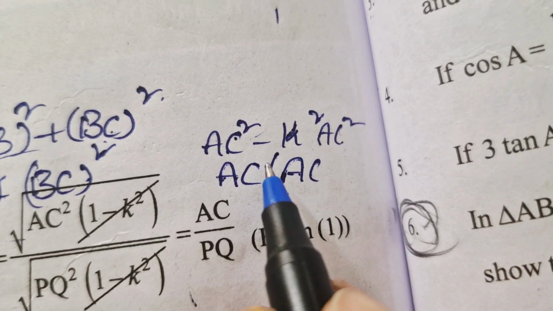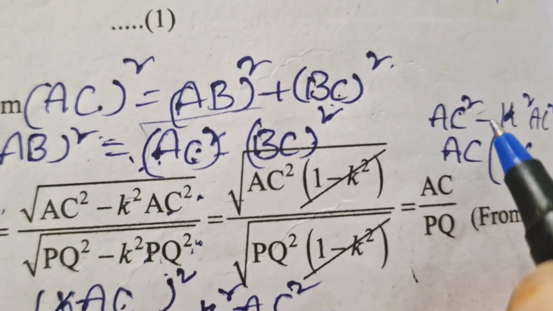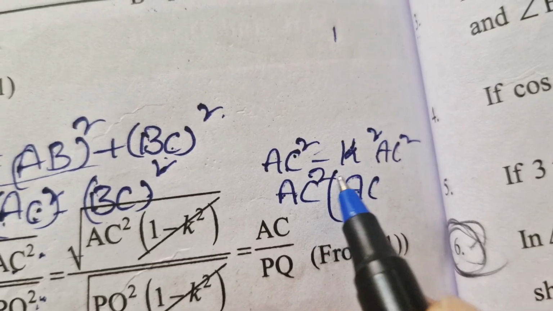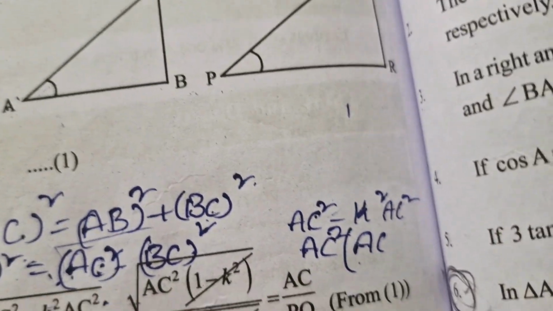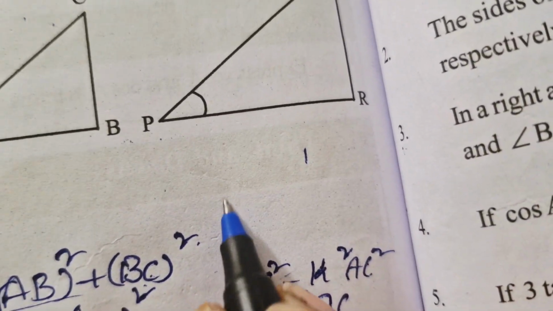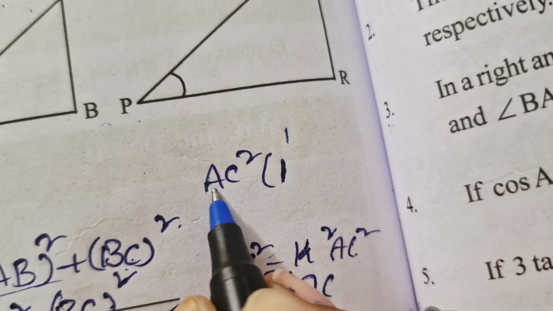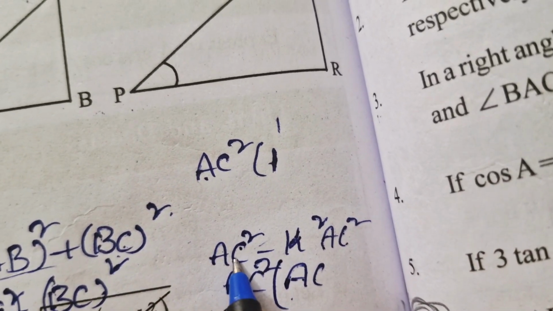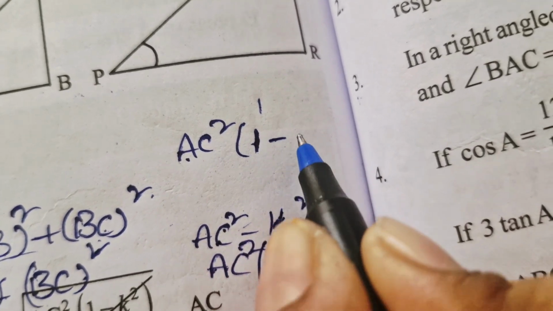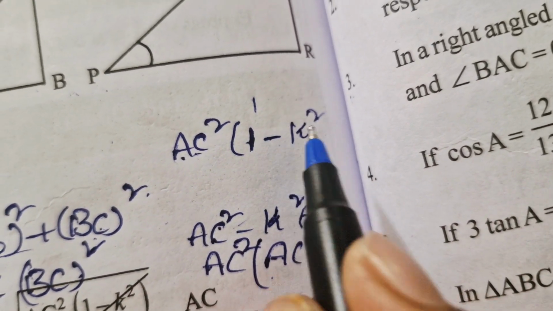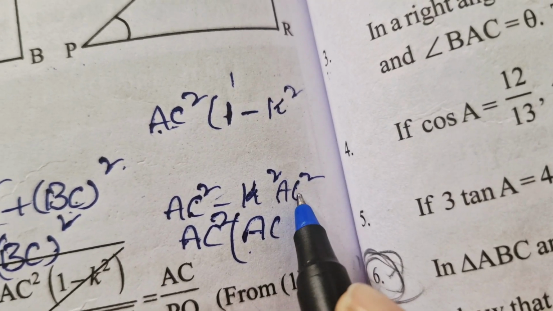We can take 1 also, as you can see. We can take AC square also, because AC square is common here. Wait, let me do it once again. AC square of 1, AC square into 1, AC square minus K square. So AC square into K square is K square AC square.